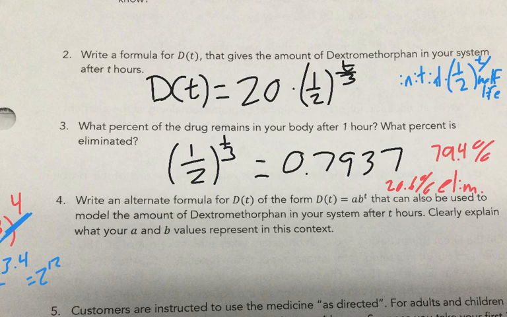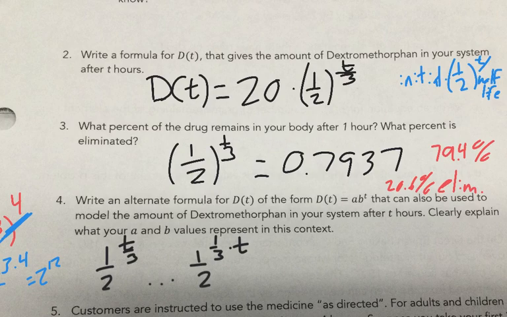The problem here is it's t over 3. So again, just focusing on the exponent. This is 1/2 raised to the t over 3. How could I write that as 2 things being multiplied? Well, 1/2 raised to the t over 3 is the same thing as 1/3 times t. Because what is 1/3 times t?